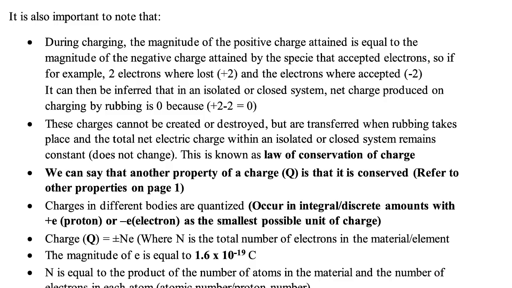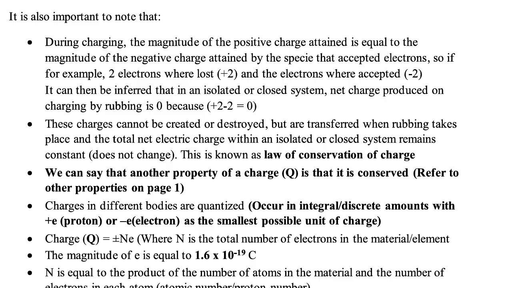So if 2 electrons were lost, what's the charge attained on it? +2. And then 2 electrons will now be accepted from the one that lost. So one of the species will lose, another will do what? Accept it. And that one that accepted it, when it accepts, it becomes negatively charged. So it becomes what? -2.